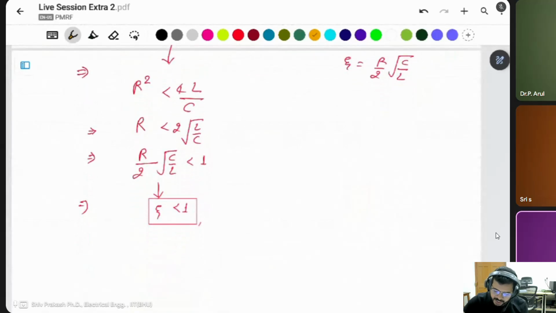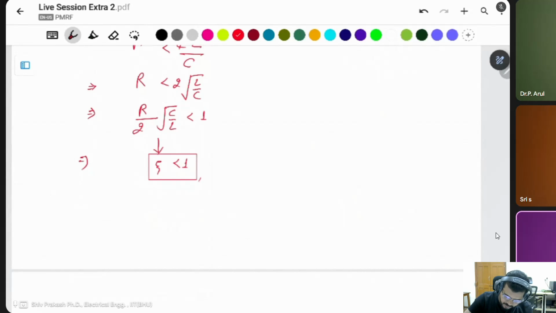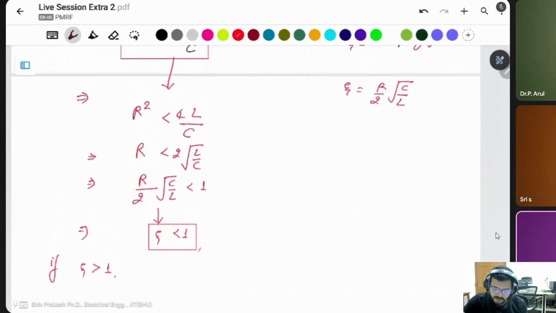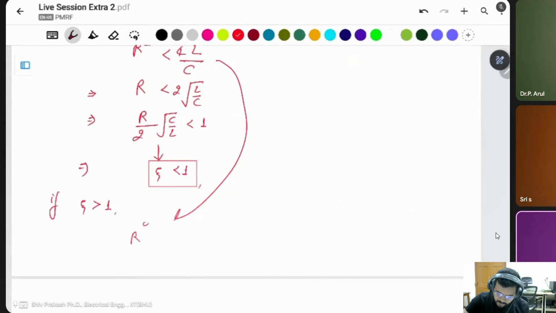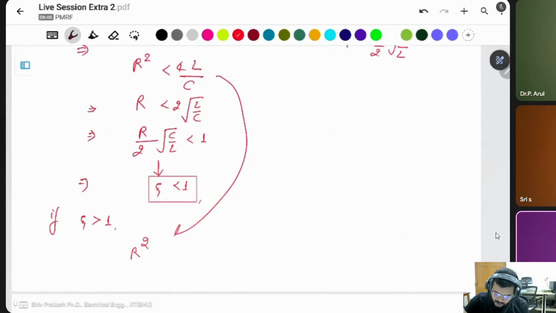What happens if zeta is greater than 1? If zeta is greater than 1, it means here R square is greater than 4L by C. R square is more than 4L by C. That means it does not go to 0.